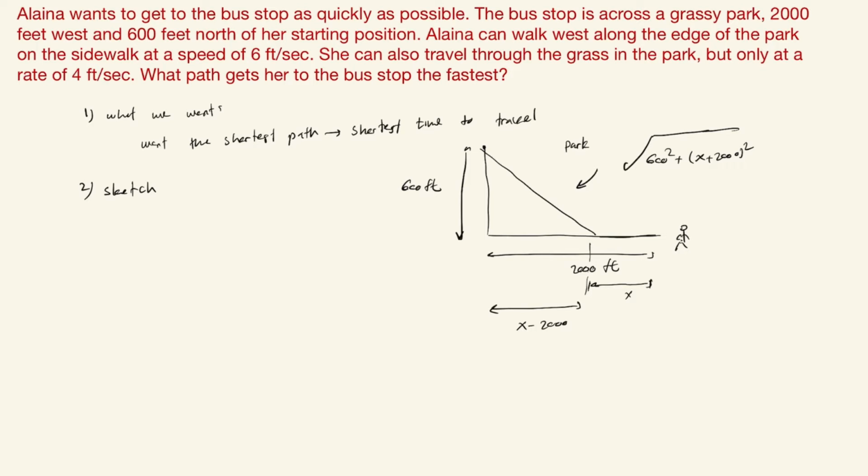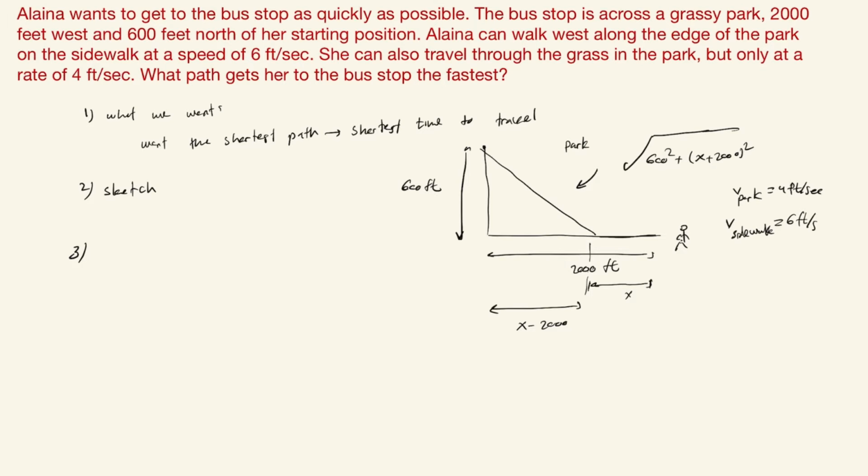Notice the length of this can be written as the square root of 600 squared plus (x plus 2000) squared. And note we are given the velocity of Alaina in the park and the velocity of Alaina on the sidewalk.